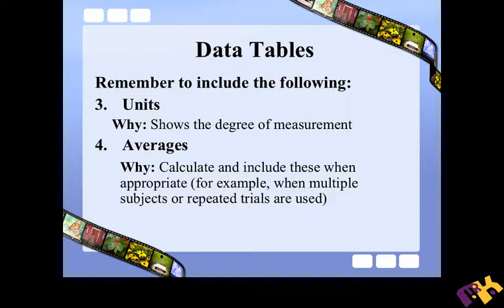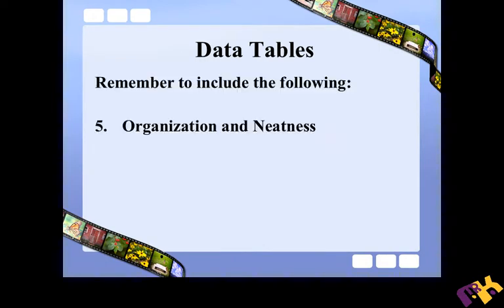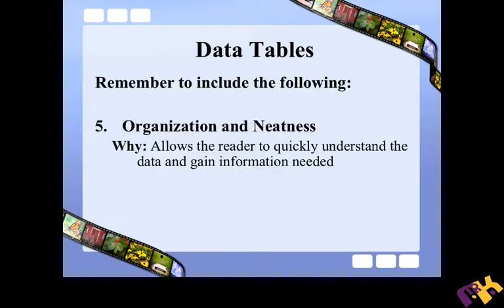And then finally, probably one of the most important things is to make sure that you keep it organized and neat, because it's really difficult if you have a really messy, sloppy data table where the rows slant up into the right and the columns twist towards the bottom left of the page. It's hard to get lined up what data belongs with what column.